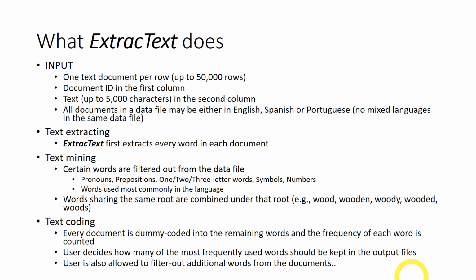It also allows the user to filter out additional words. Some of the remaining words might be too common and might not be very discriminating across documents. So it allows the user to filter out whatever words she believes are not useful.